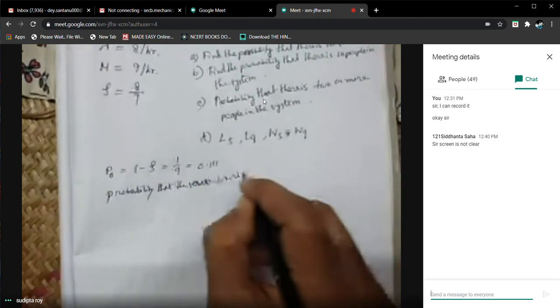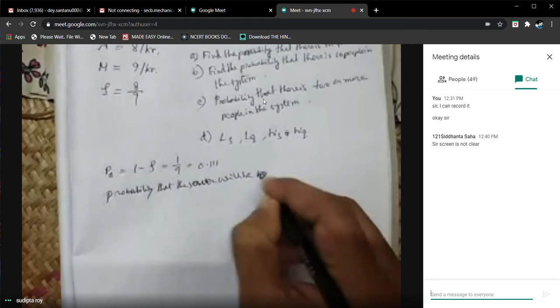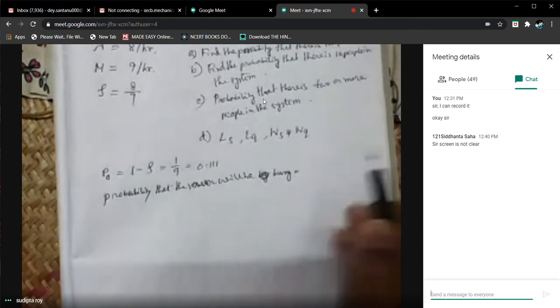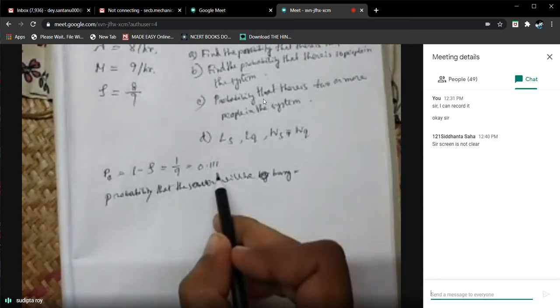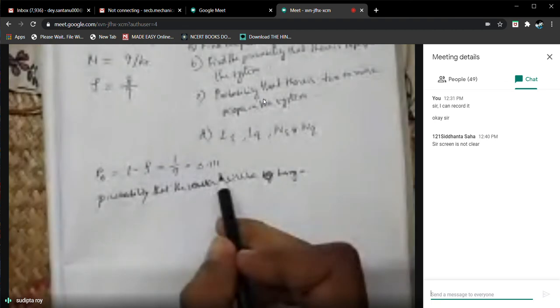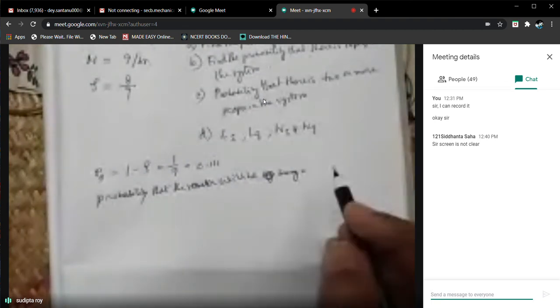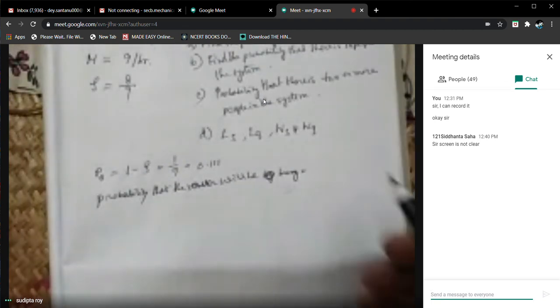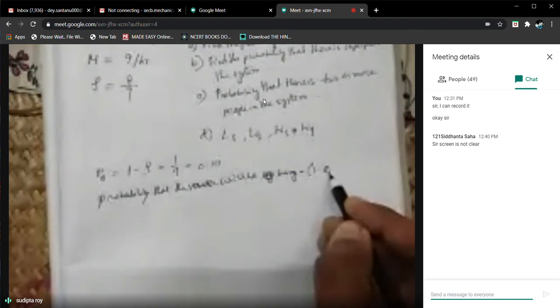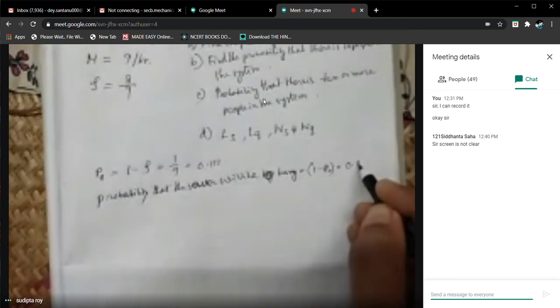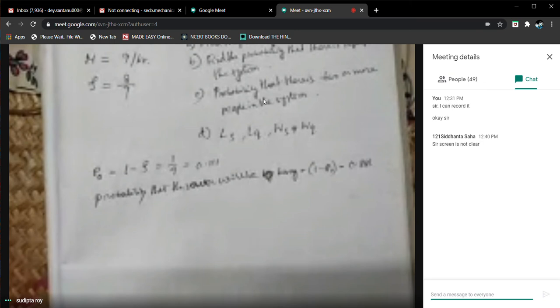This is the probability that there will be no one in the system, and at that time the server will be idle. So the rest of the time the server will be busy, which will be 1 minus P naught, and that will be equal to 0.888.